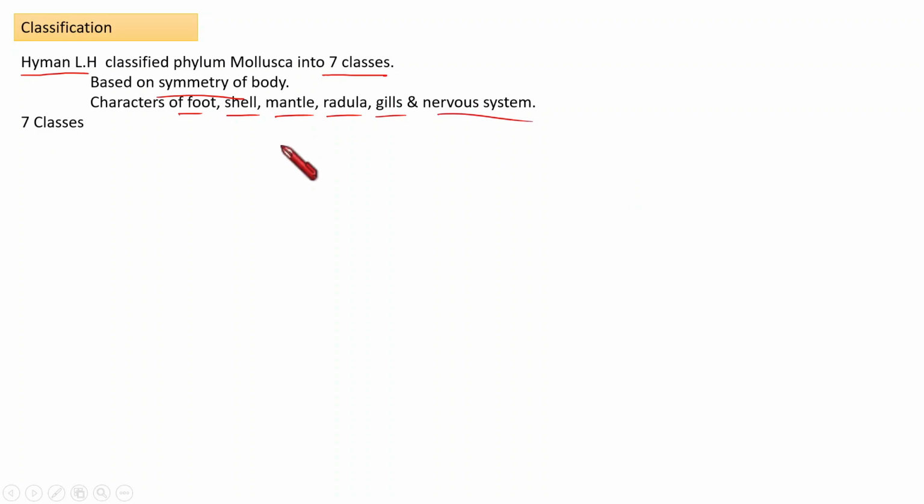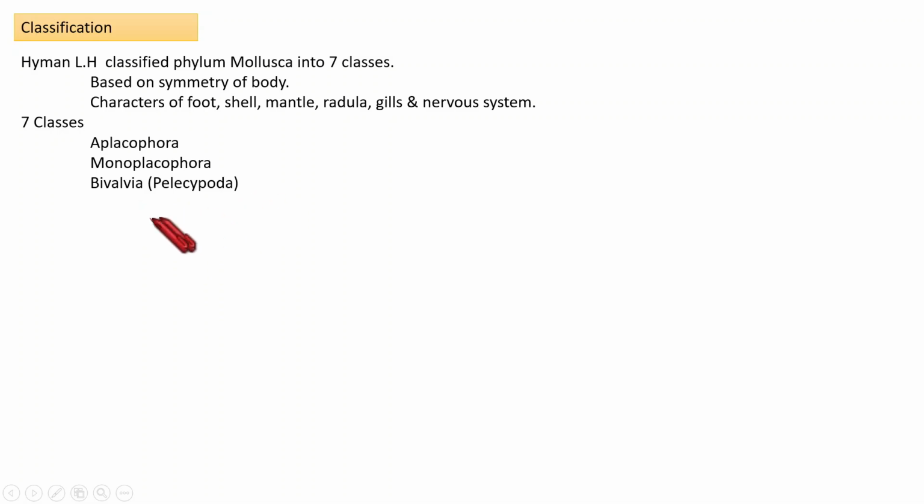Let's see which are those 7 classes. Aplacophora, where 'a' means something is absent. Then Monoplacophora, Bivalvia or Pelecypoda, Polyplacophora, then Gastropoda, then Cephalopoda.